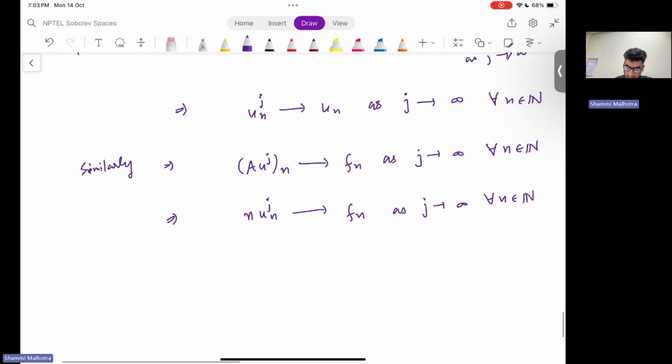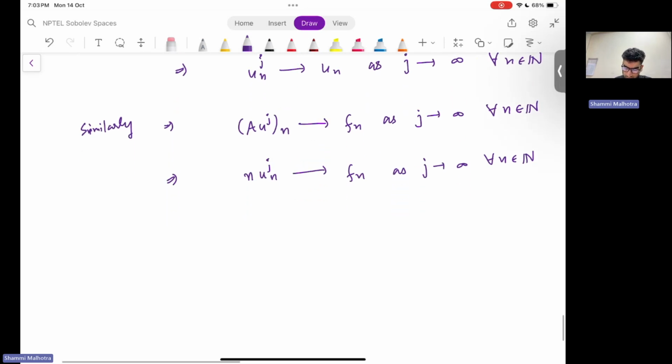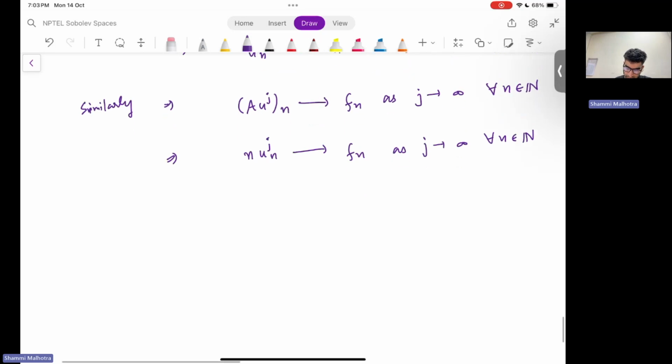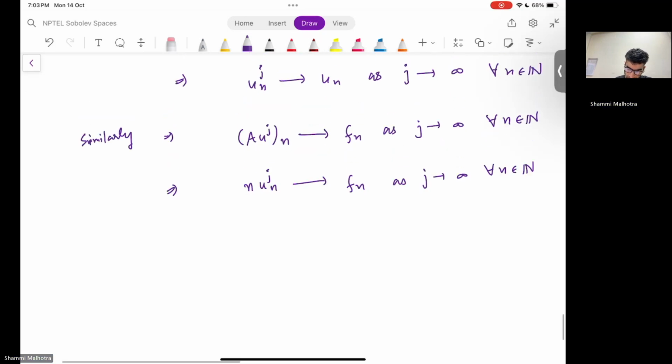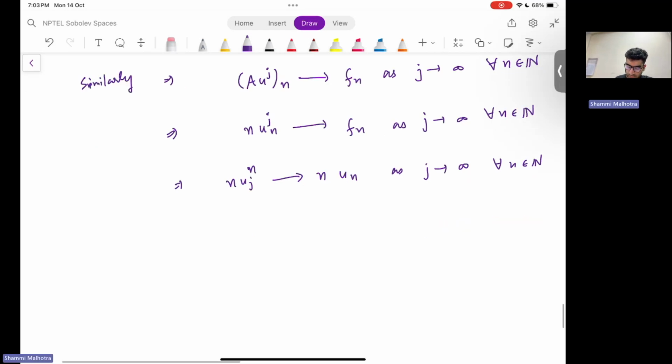But we also know that u_j converges to u, and so n u_j^n has to converge to n u_n, since n is fixed.